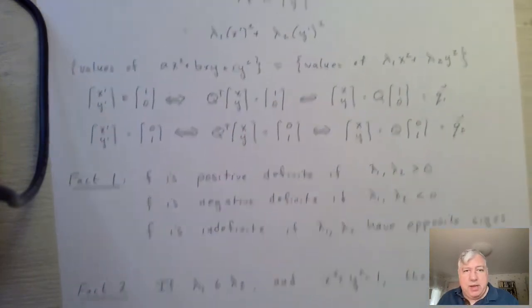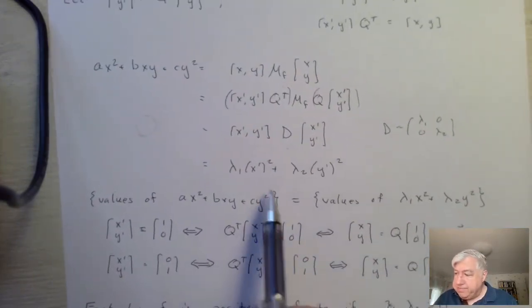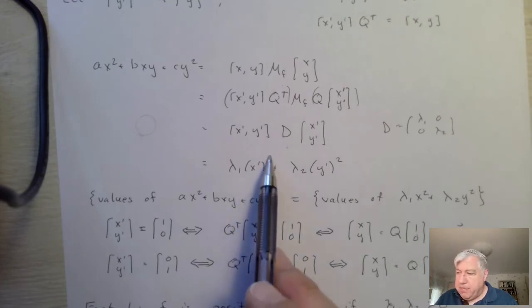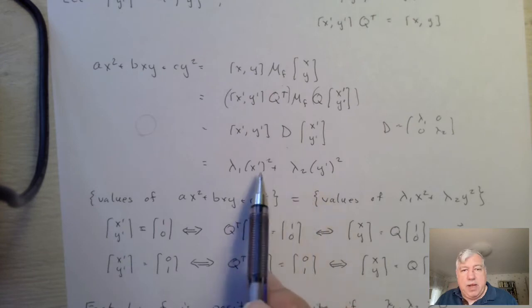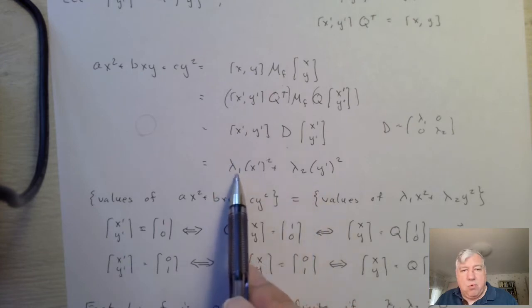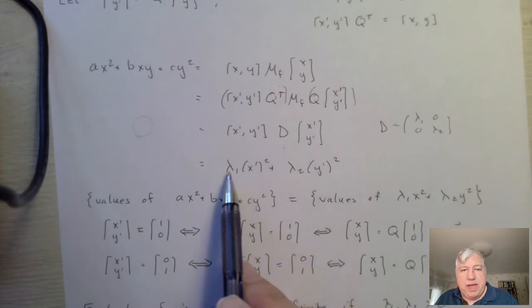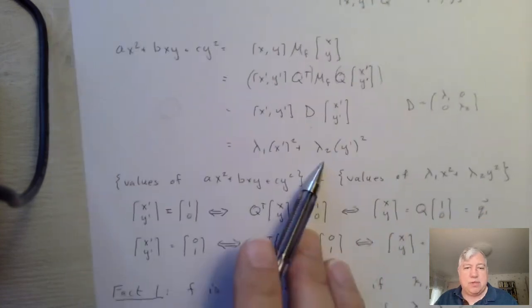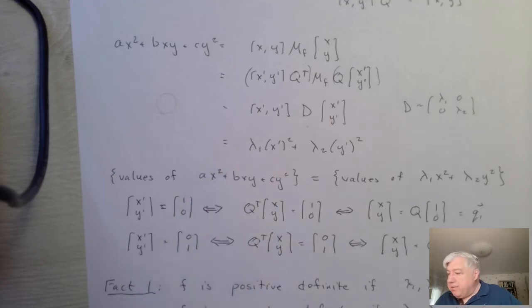So in that case, we go back up here. We can see that if this square and this square add to 1, and lambda 1 is bounded above by lambda 2, then the biggest this can be is lambda 2 times 1, and the smallest this can be is lambda 1 times 1, right?